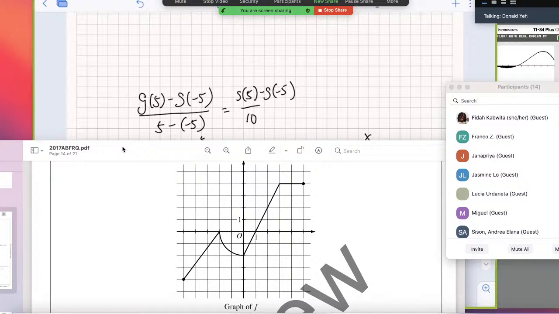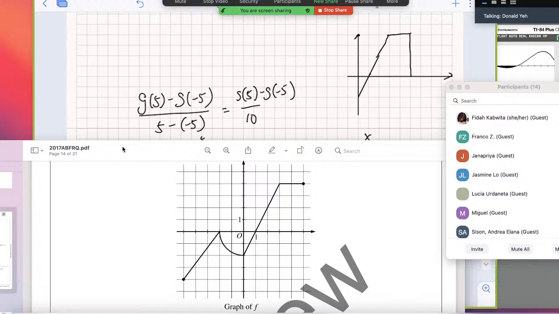Do you know why it's 12? Because the graph goes like this, and like this, and then it goes like this. So basically start at 1 and go in here and here and go 2 more units.